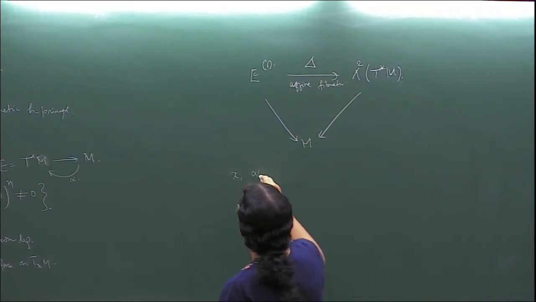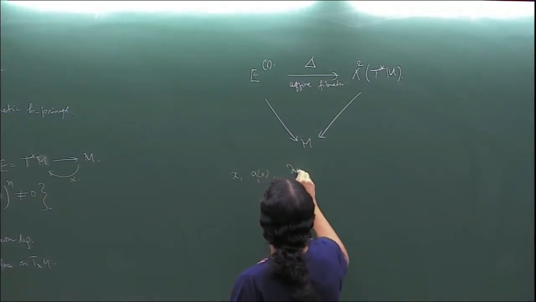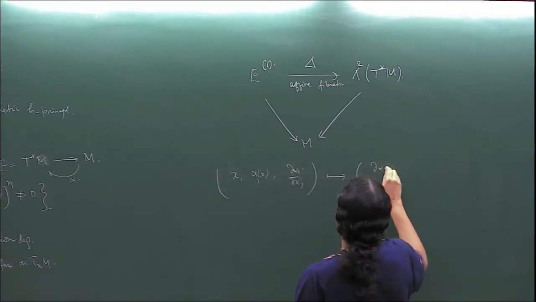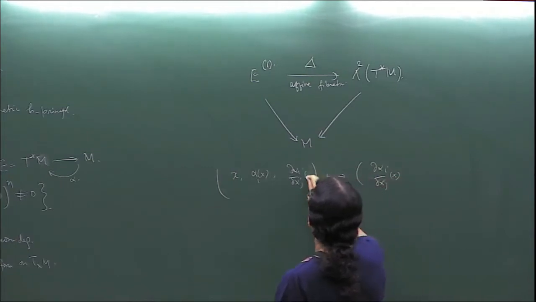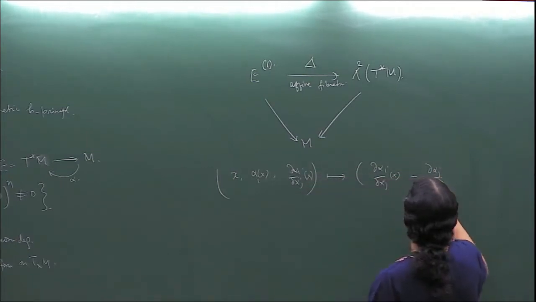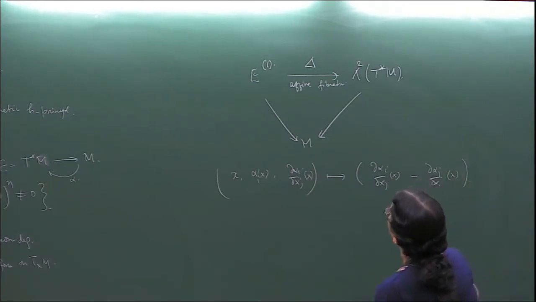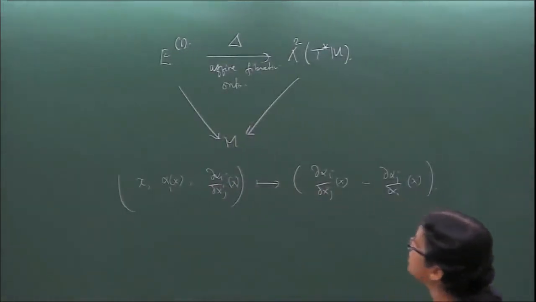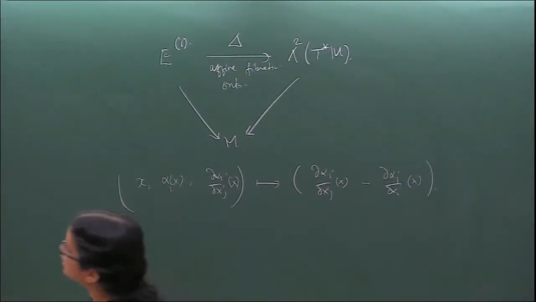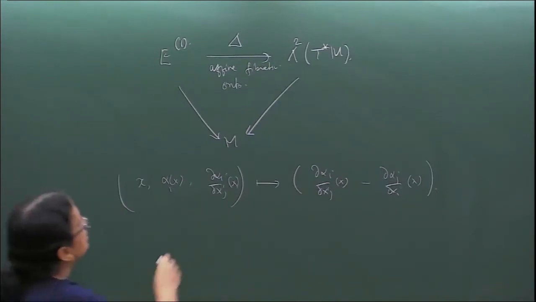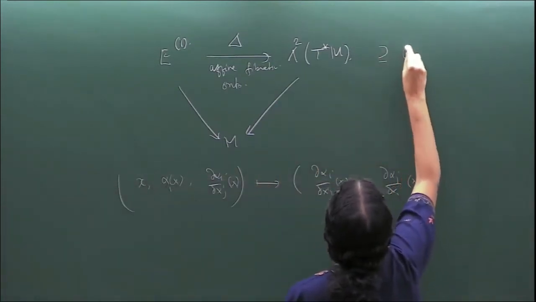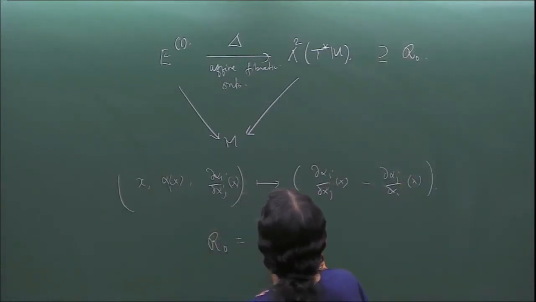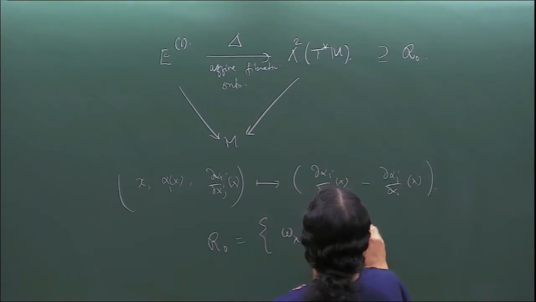So x, alpha i x, del alpha i del xj, this whole thing goes over to del alpha i del xj at x minus del alpha j del xi at x. So this is an onto map, an affine fibration. The relation here can be written as follows: correspondingly inside this I can identify some set R naught. So what is R naught? R naught is basically all omega x which are non-degenerate.